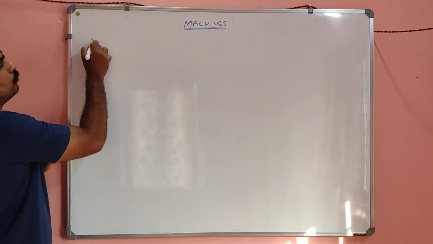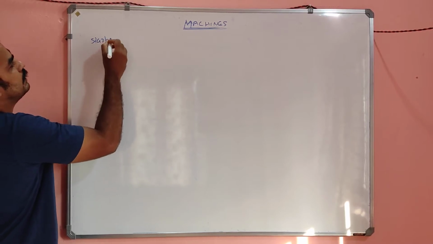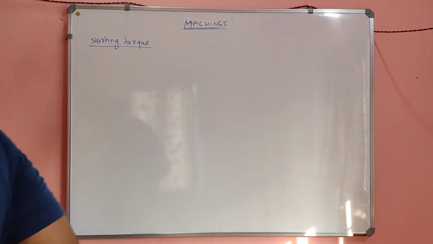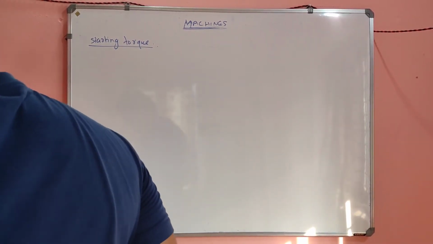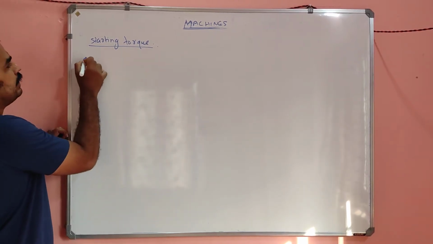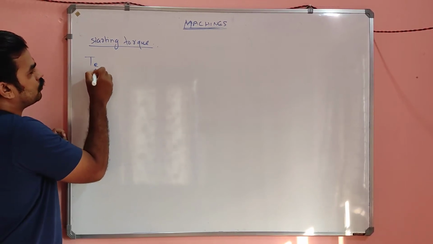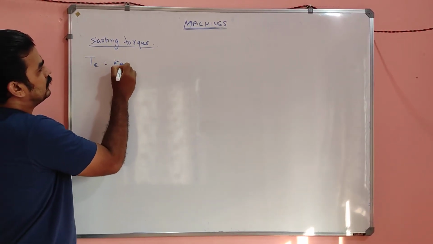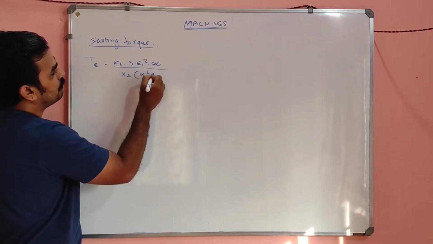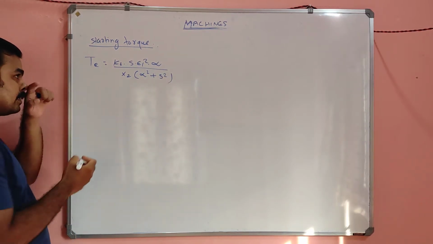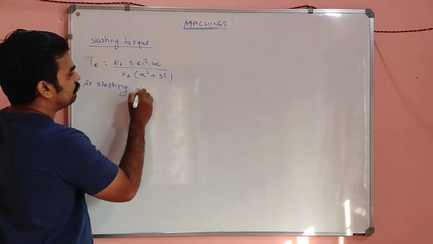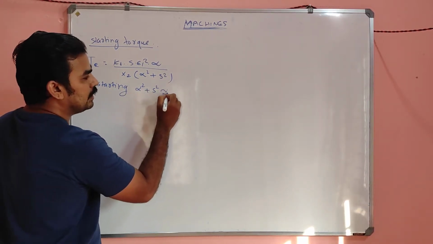So, next heading is starting torque. Listen, my dears. We have the equation for electromechanical torque: T is equal to KT into S into E1 square into alpha divided by X2 into alpha square plus S square. Am I correct? So at starting, alpha square plus S square is nearly equal to S square.